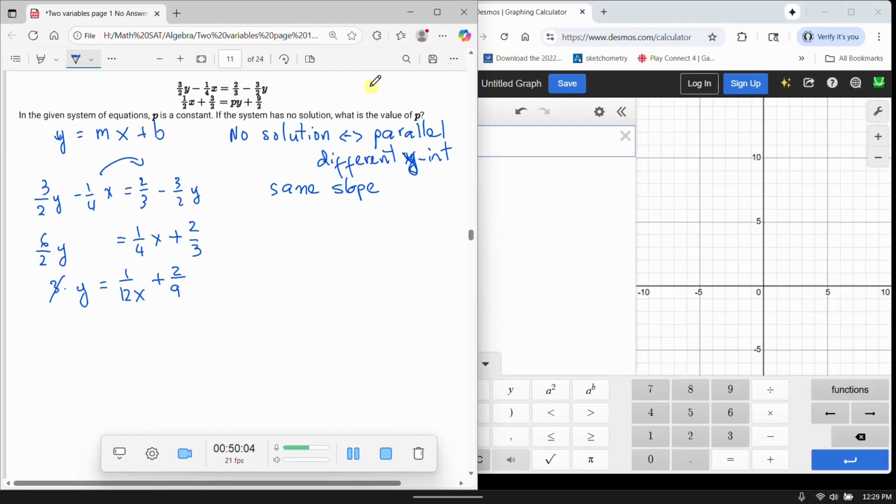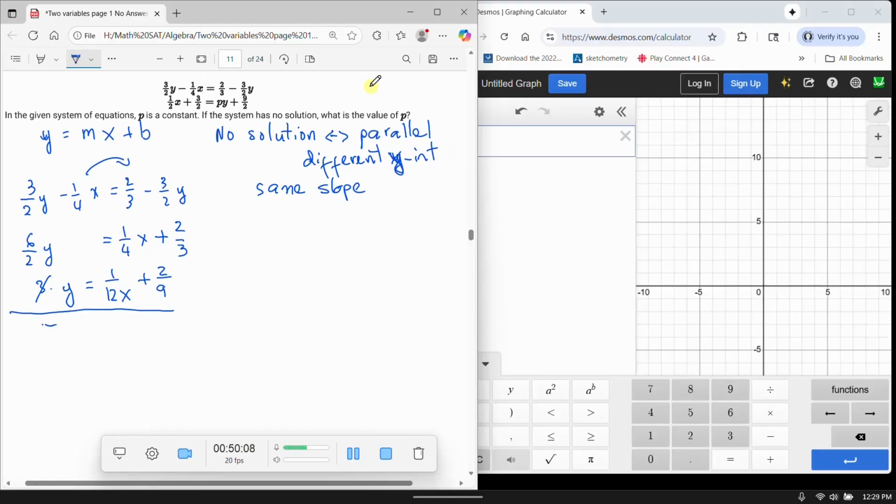Now let's move on to the second equation. So I have 1 over 2 x plus 3 over 2 minus py plus 9 over 2.